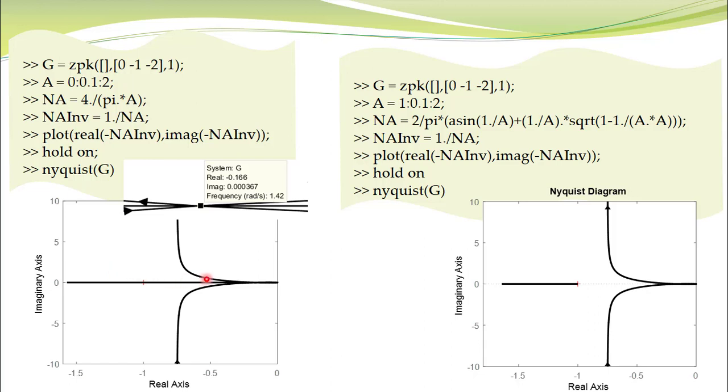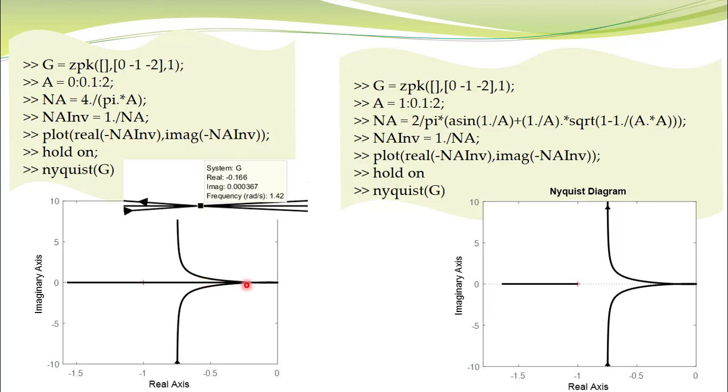This straight line is the plot of the describing function for this signum nonlinearity, and on the same graph we plot the Nyquist plot of this transfer function, which is sketched over here. So the two graphs intersect each other.